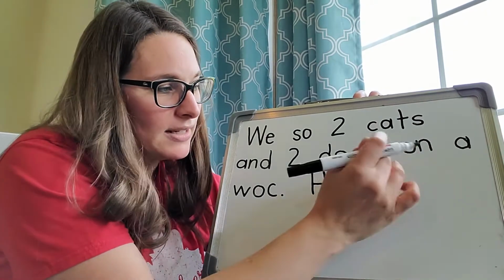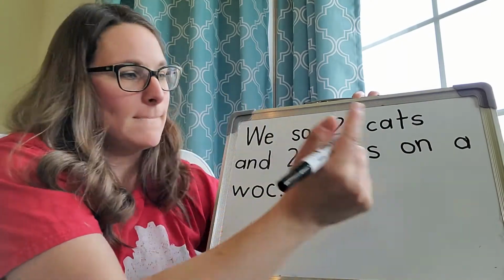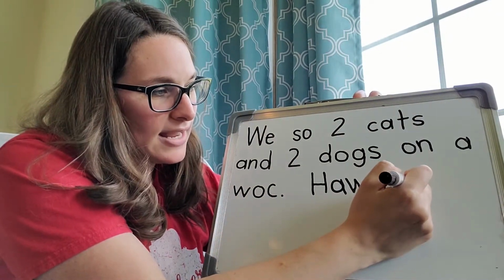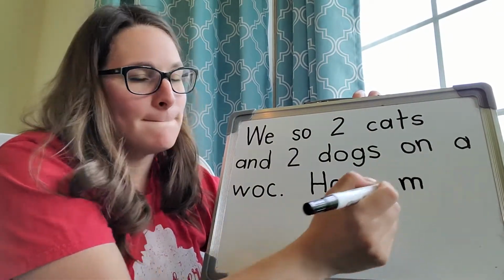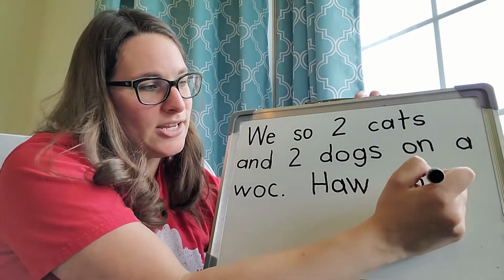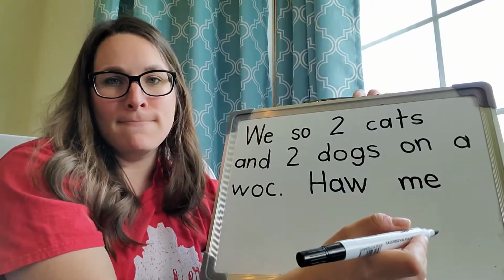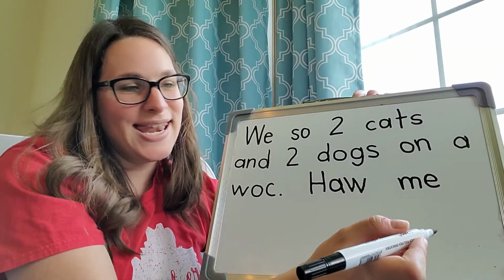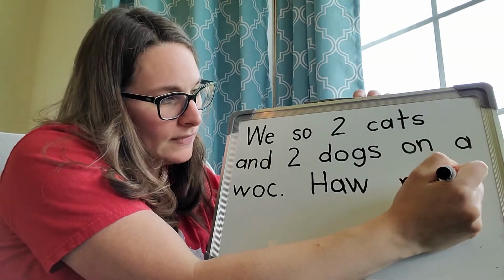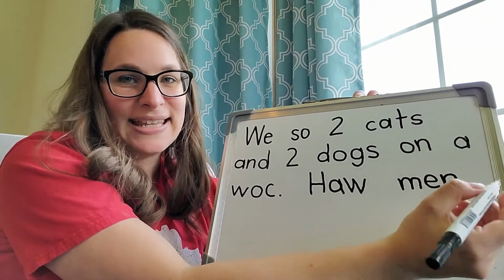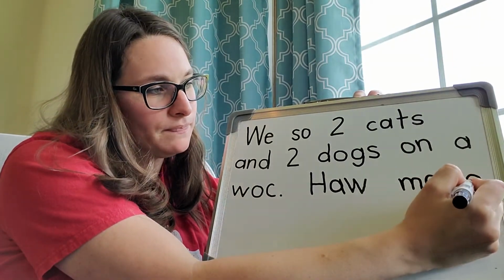I'm going to leave space, and I'm going to write the sound, which is an M. Meh, I hear an E sound. N, I hear N. Men, and then I hear an E saying its name.